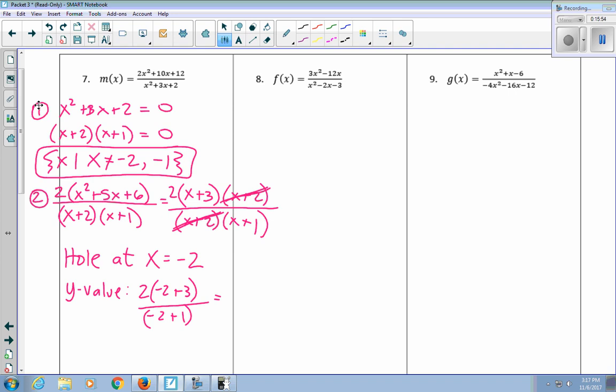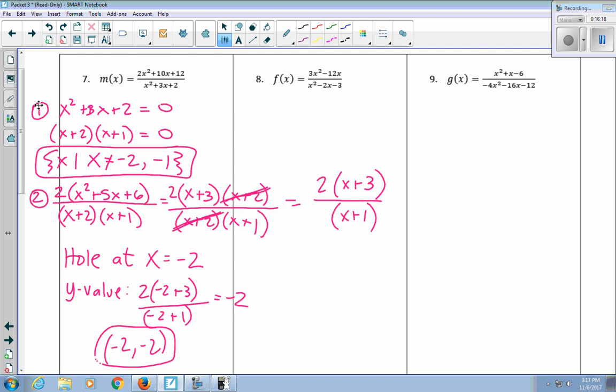So that's 2 over -1, which is -2. So my hole is at -2, -2. So there's my hole. Now, once you've factored and canceled, this is what you use to answer the rest of the pieces of your graph. Vertical asymptotes, horizontal asymptotes, etc.